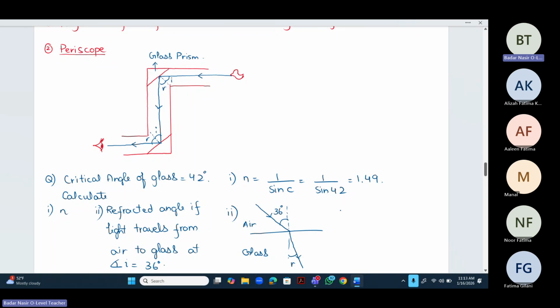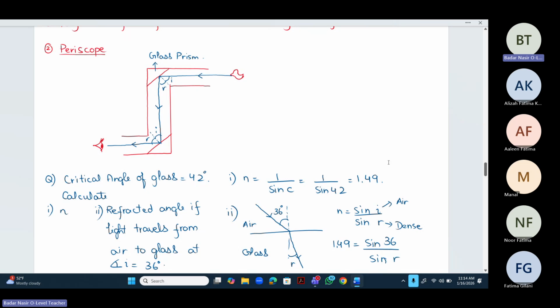So we'll use the other formula: n equals sine i over sine r. The value of n we just calculated is 1.49. The angle of incidence is the angle in the less dense medium, or in the air. So the angle of incidence is always in the air, and the refracted angle is always in the dense medium. So sin 36 over sin r.